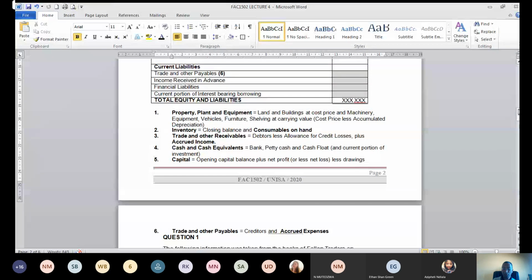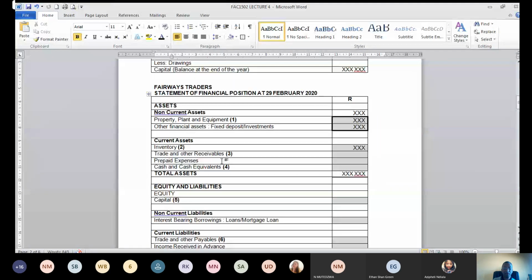So at this point in time, just remember that our trade receivables consist of your trade receivables minus your allowance for credit losses plus your accrued income. Don't worry too much about that now. We will speak about that in our next session. Also, prepaid expenses. I will also explain that to you in our next session.